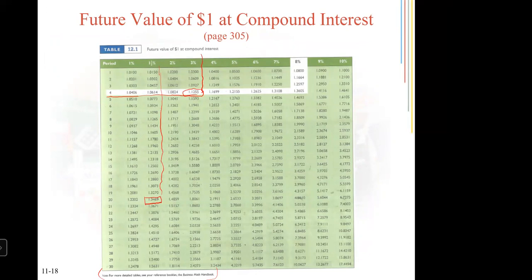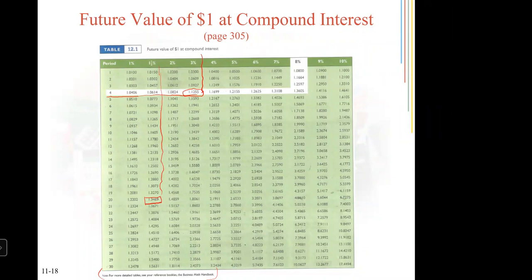Okay, so the table factor then. You said 4 periods at 3%. Anybody could see what that table factor should be? 1.1255.